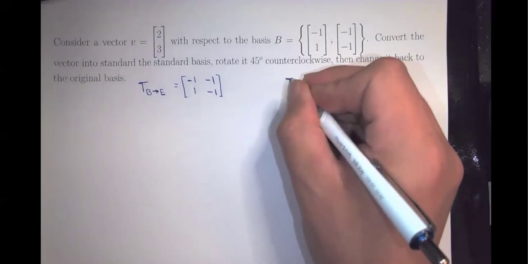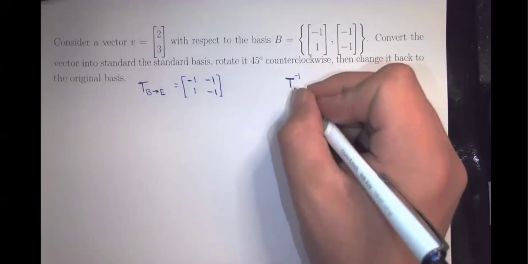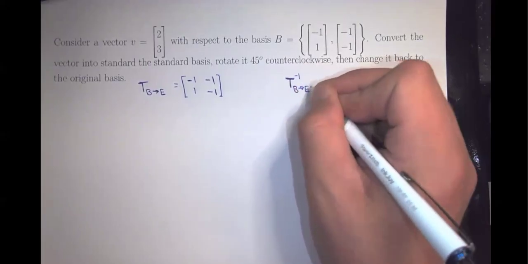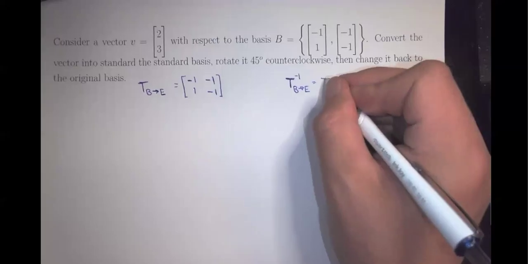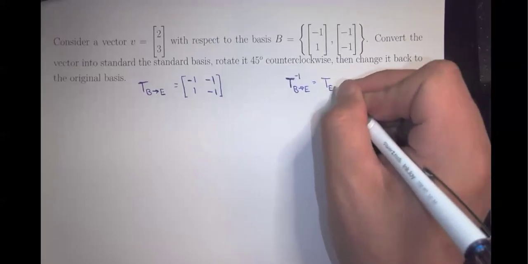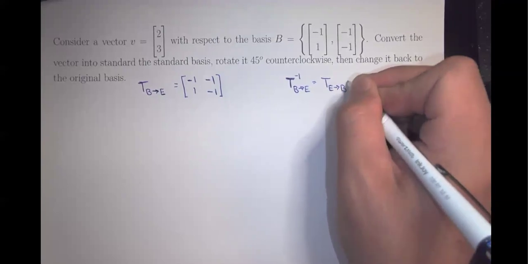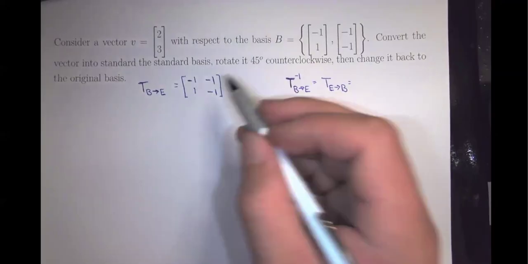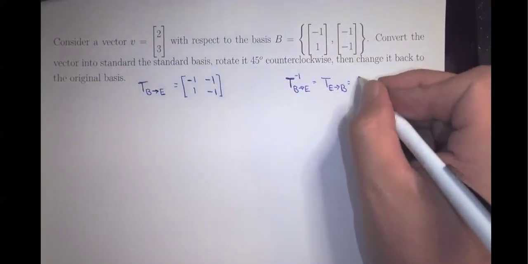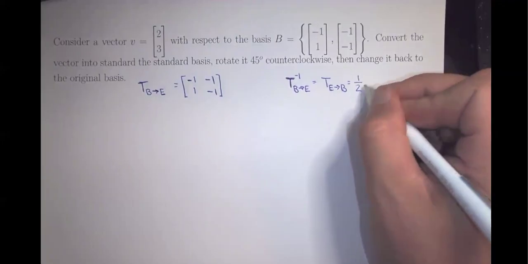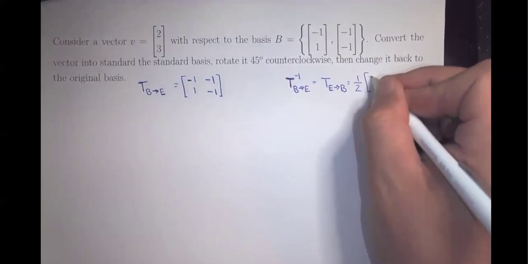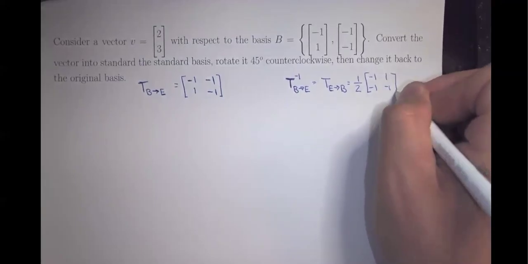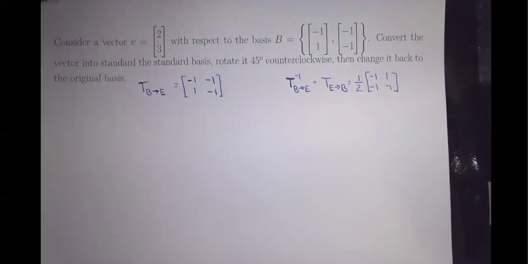So T inverse, from B to E, is the matrix T that takes things in E and moves them to B. The inverse of this is 1 plus 1, so that's a half times -1, 1, -1, -1. So just the inverse of this matrix here.